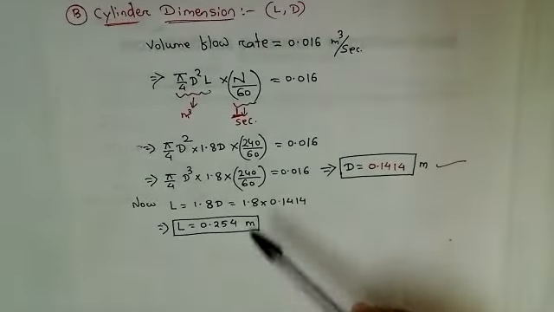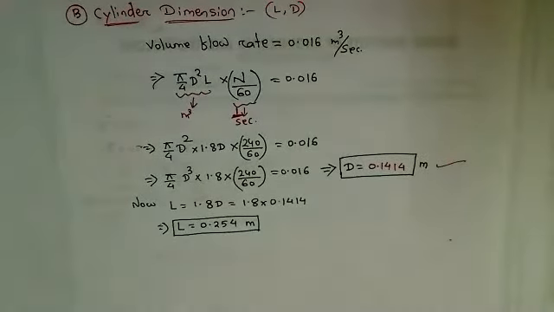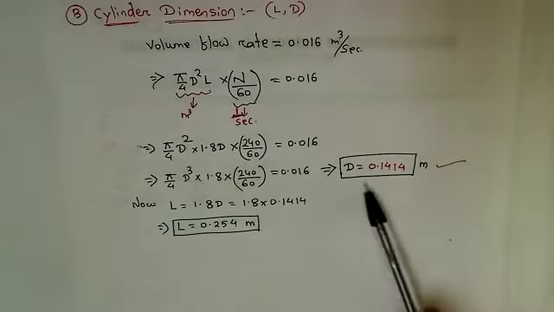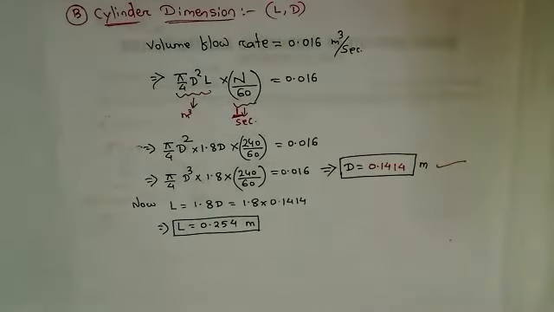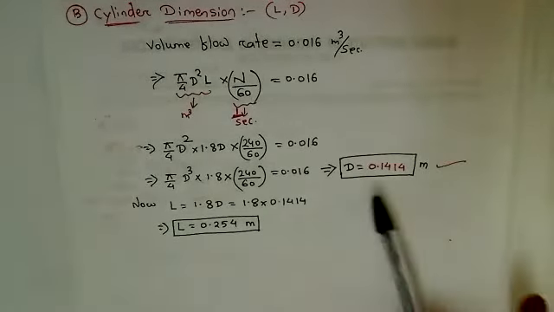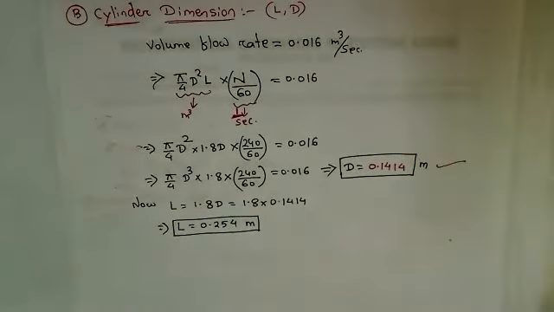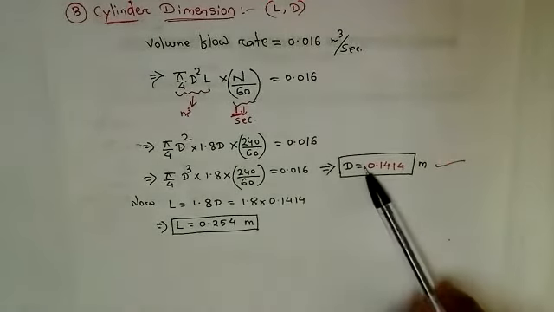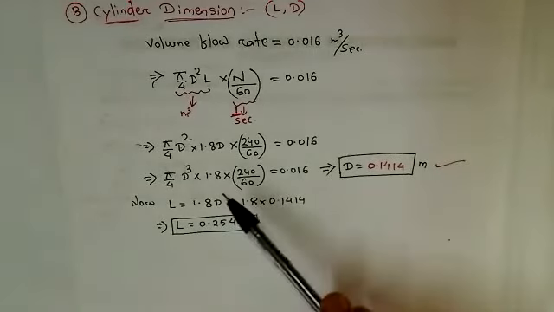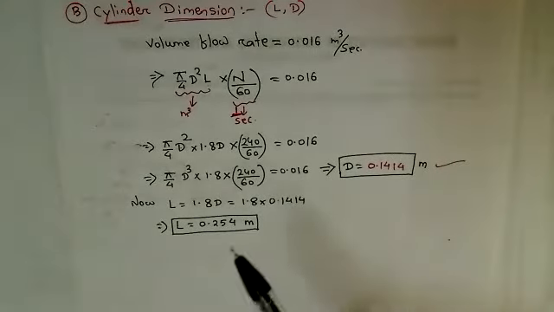Normally in the question paper, what will they give? The stroke length and bore diameter they will mention. But in this question, they didn't give the stroke length and bore dimension. They asked you to calculate stroke length and bore dimension. That's why I have kept this question, so that we can cover all the possibilities of questions that will come in the final semester exam.